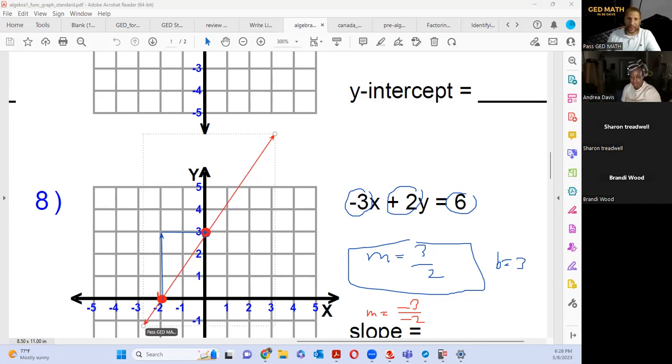And let me change my color back to blue. Watch this. If I go up 3, 1, 2, 3, over 2, 1, 2, you're still going to be on that line. So if you have a conceptual understanding of what slope is, you won't be confused on the exam. And you'll walk through these problems with ease, and it won't cause you the frustration.